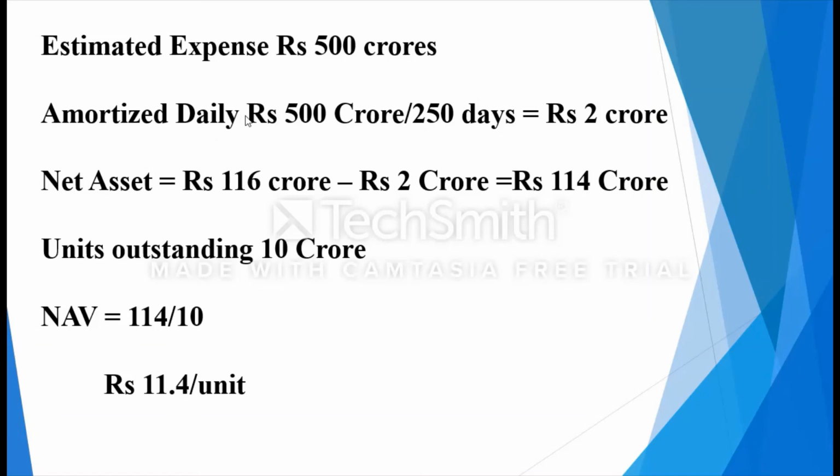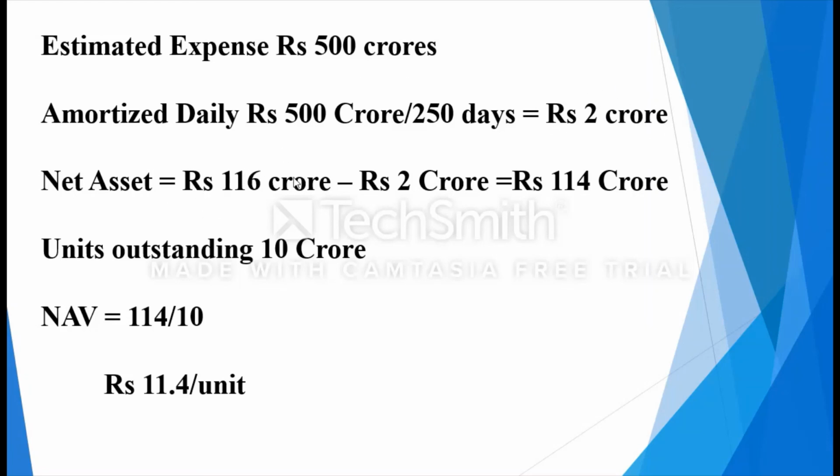So if I divide 500 crore on a daily basis, I get 2 crore rupees per day, assuming 250 days, that is the number of days in which the market is working. It's not 365 days because markets are not open all 365 days. NAV is declared only on those days when the markets are working. So I'm assuming markets are working 250 days in a year, and on a daily basis it comes down to 2 crore.